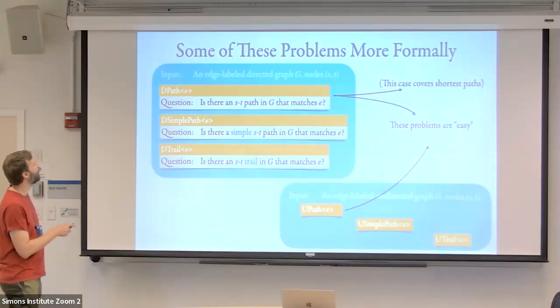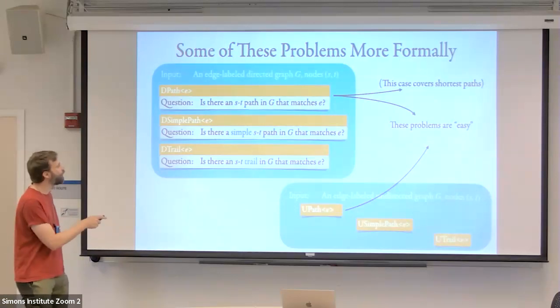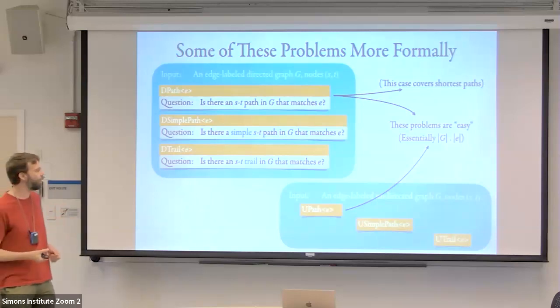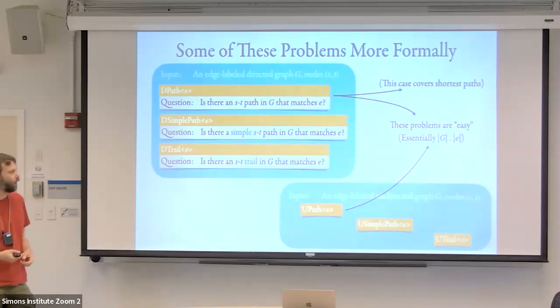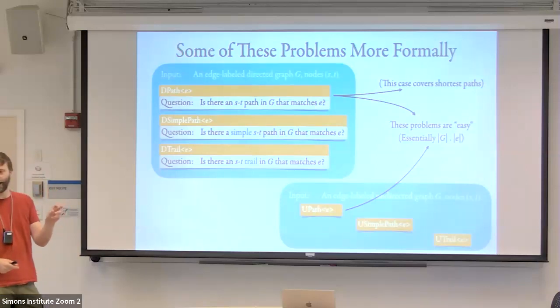First remark: if you're just interested in whether there is some path that matches a fixed expression E, then these problems are always easy, in the directed case as well as in the undirected case. Essentially, if you're a bit familiar with the automata tools that you can use here, you can turn your expression E into a non-deterministic finite automaton.